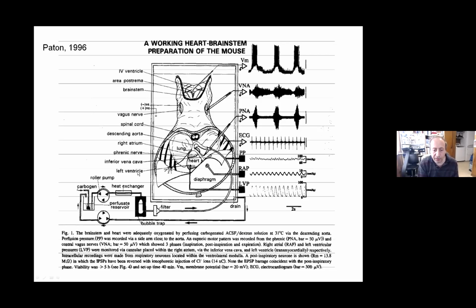Because you have to keep perfusing the heart with fluid and filter it and provide oxygen, because the thicker the preparation, the more it will suffer from ischemia, lack of oxygen in deeper tissue. That's why you need to make sure that it's perfused by artificial cerebrospinal fluid that is continuously oxygenated.